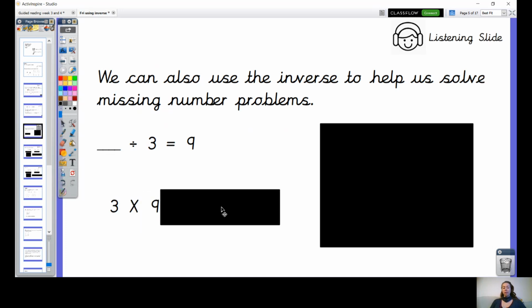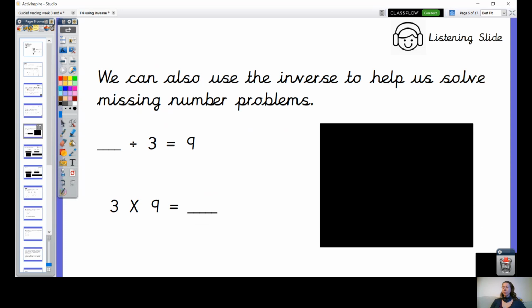I could do 3 times 9, couldn't I? Or I could do 9 times 3, same thing. Now, if we know our number facts, which we should do by now, we would know 3 times 9 is 27, isn't it? So our missing number is 27. 27 divided by 3 is 9.